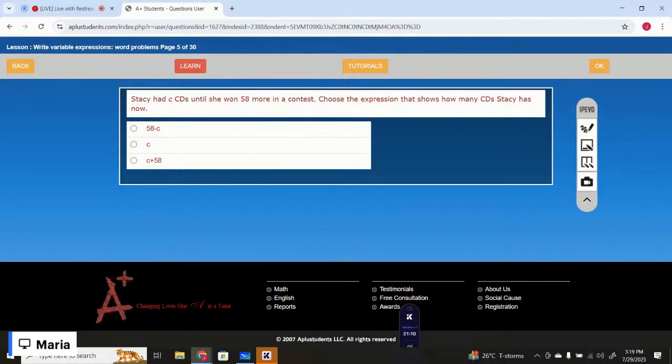Stucky had C CDs until she won 58 more in a contest. Choose the expression that shows how many CDs Stucky has now.